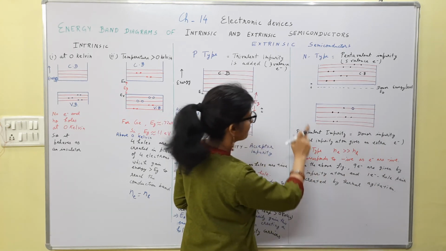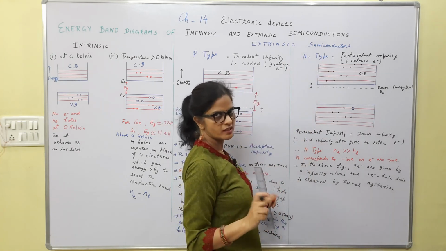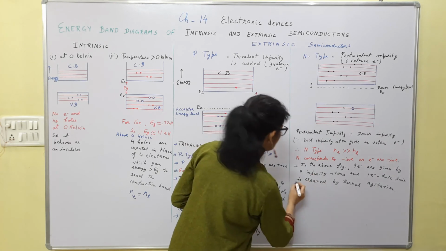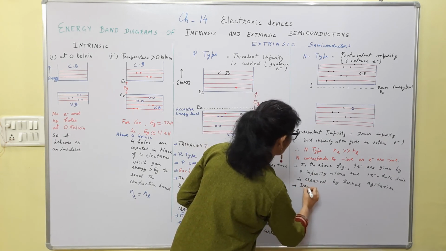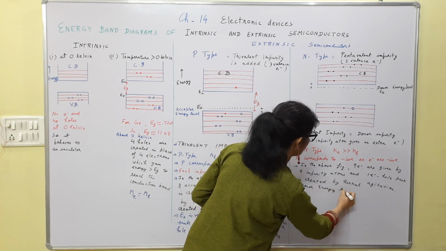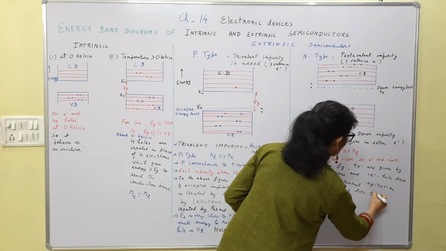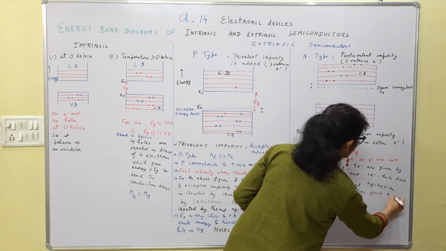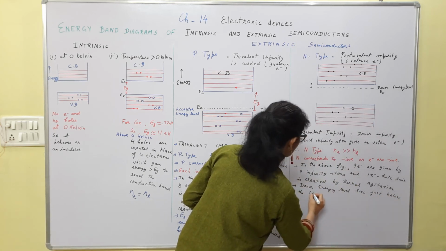So that's why it gets more number of electrons in the conduction band very easily due to the donor atoms. So we will just mention it, donor energy level lies just below the conduction band.